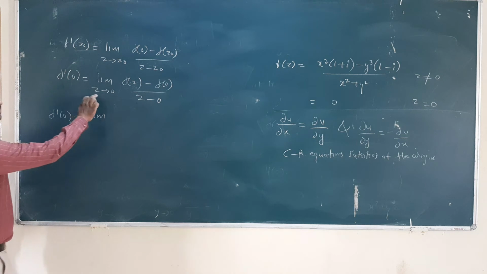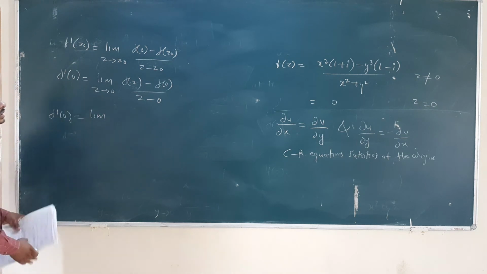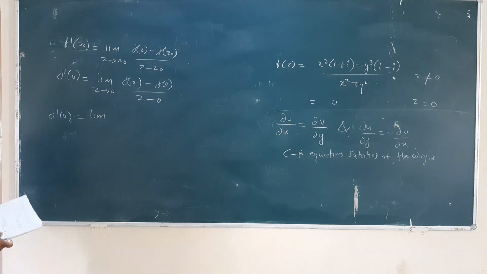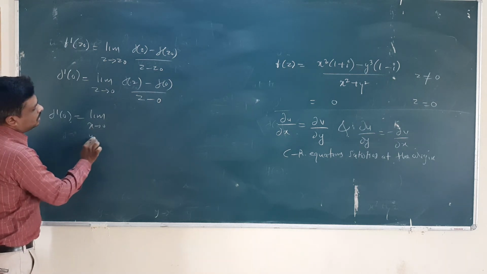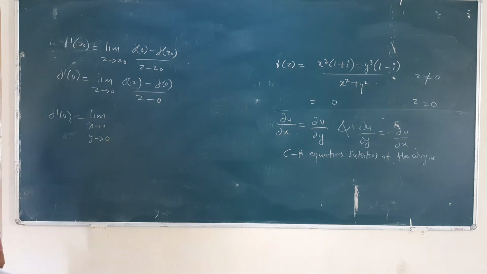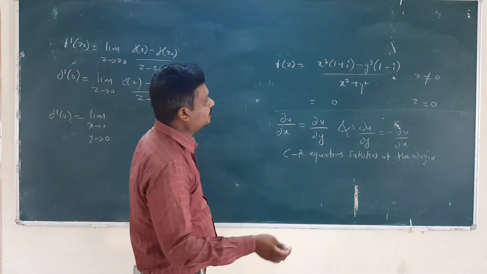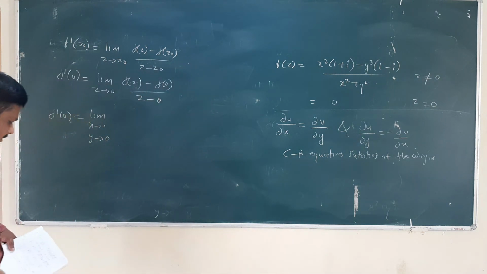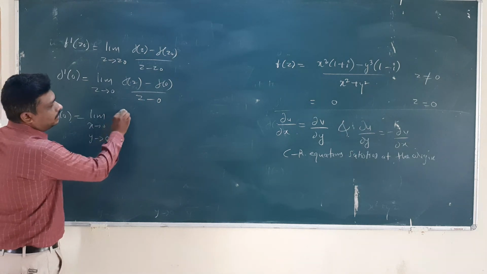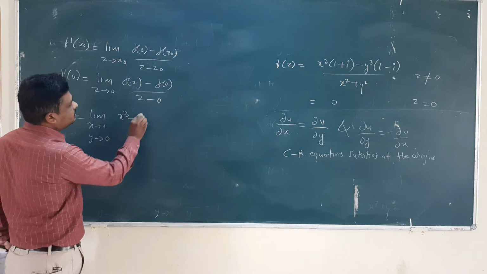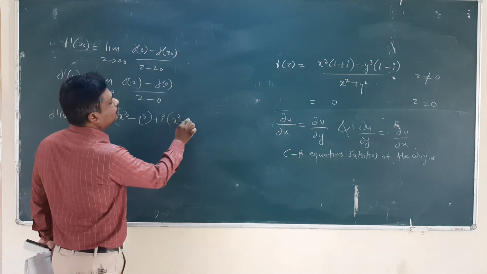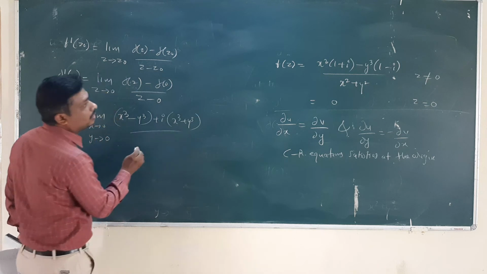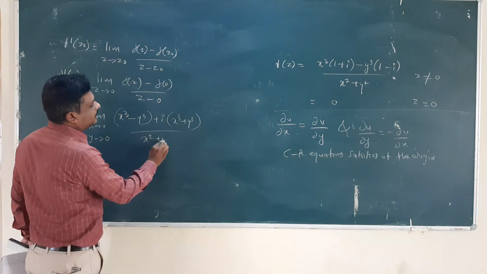So I will write this in terms of x and y. So this implies x tends to 0 and y tends to 0. Here f of z is (x cube minus y cube) plus i into (x cube plus y cube) upon x square plus y square.